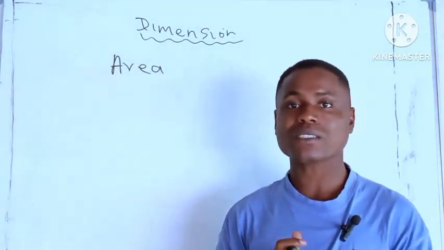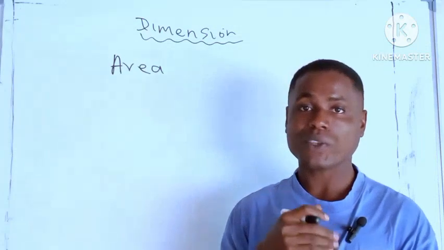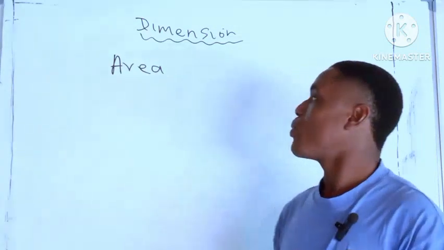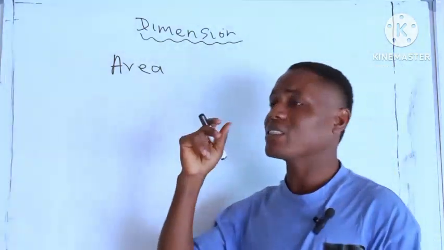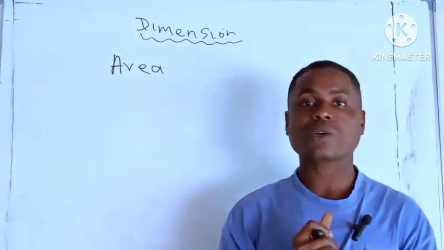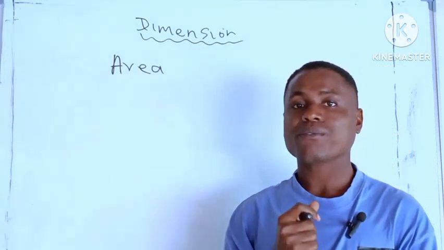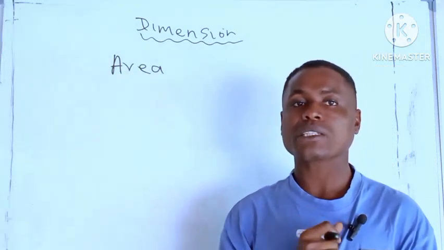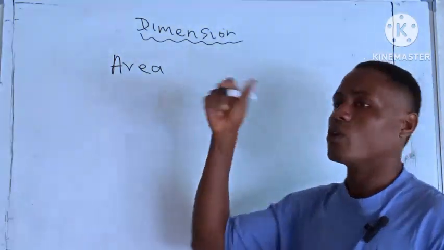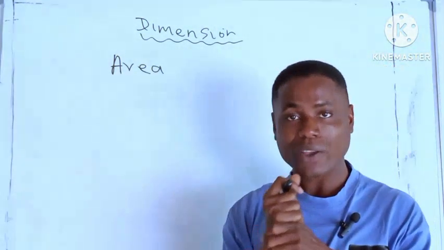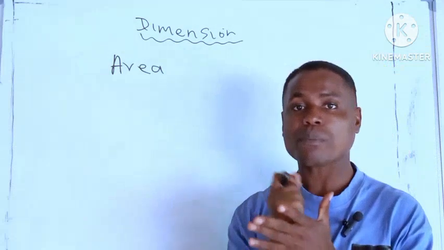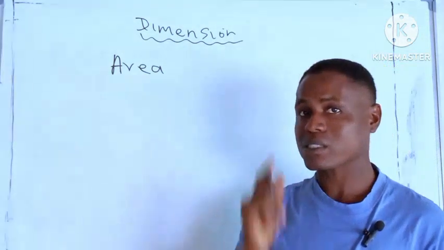That should be the first thing that comes to your mind. Whenever you are asked to find the dimension of any particular quantity, the first thing that should come to your mind is the formula of that particular quantity.